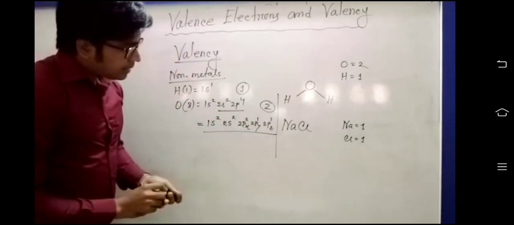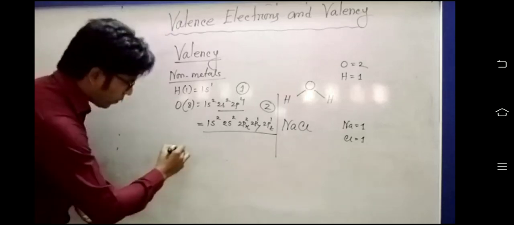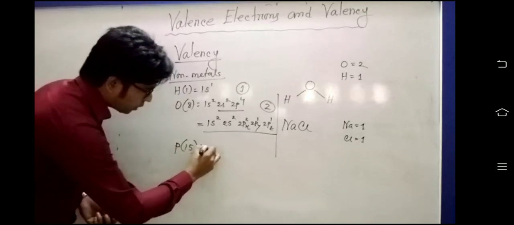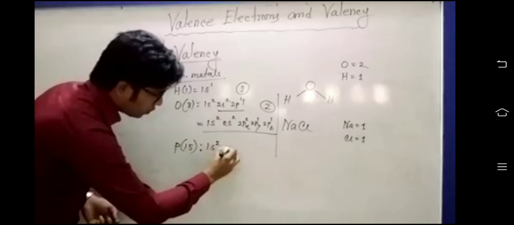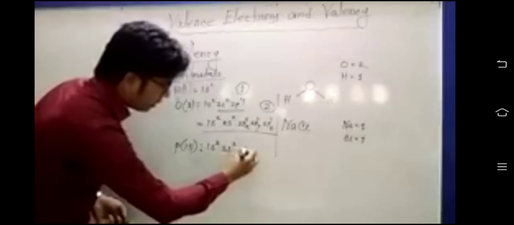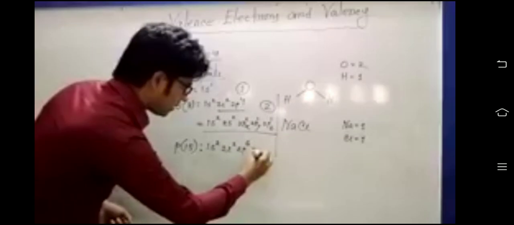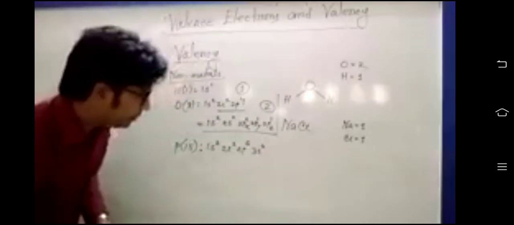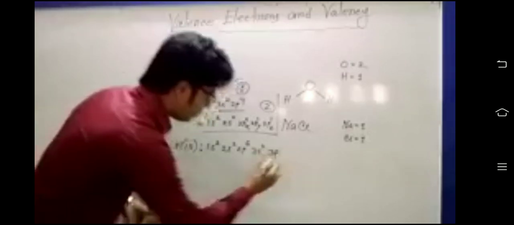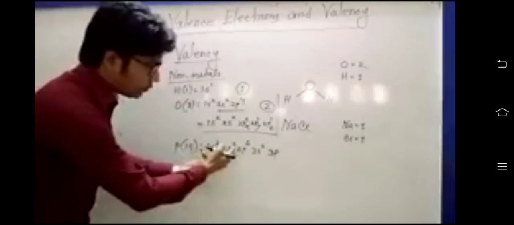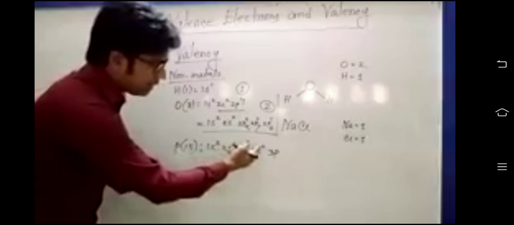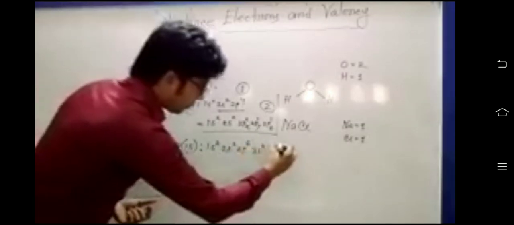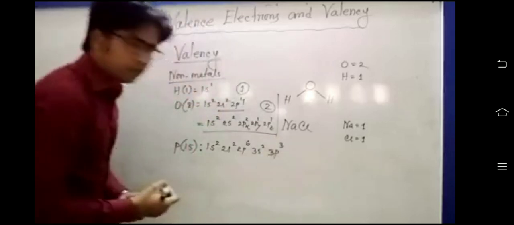Now we'll discuss another non-metal, phosphorus. Its electronic configuration: 1s2, 2s2, 2p6, 3s2, then 3p. We need to count 2 and 2, 4 and 6, 10, 11, 12, and we need another 3 electrons. So it will be here.